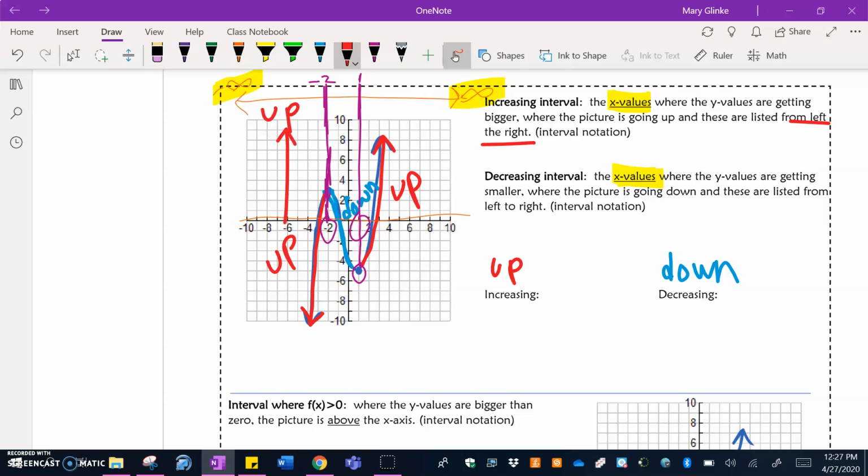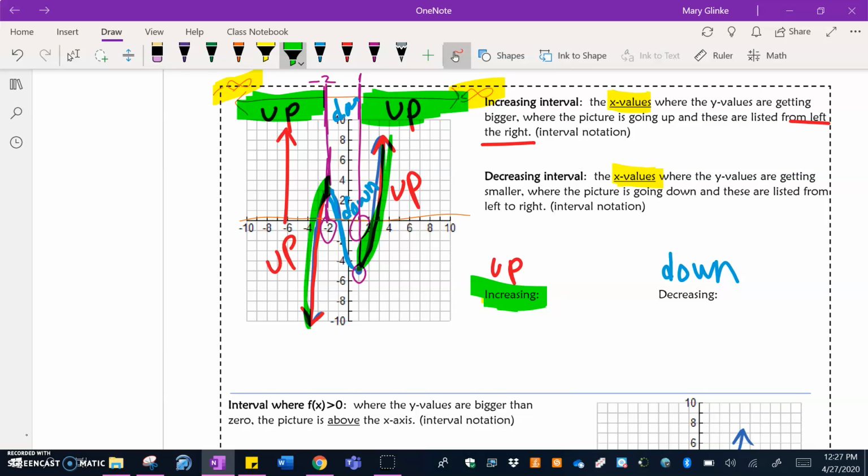This was going up, then down, then up again. So now I can use these values to do my increasing and decreasing. For my increasing, I'll do this with the green: increasing was this chunk and this chunk, which we can see in our graph as well.